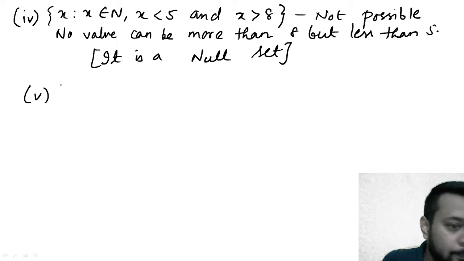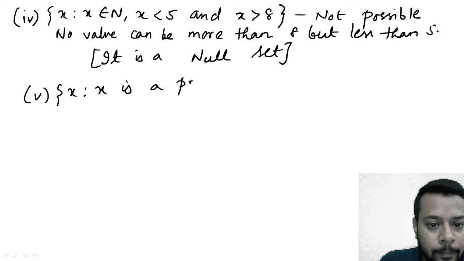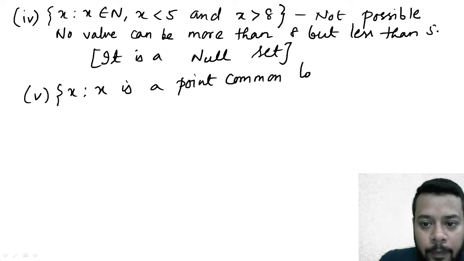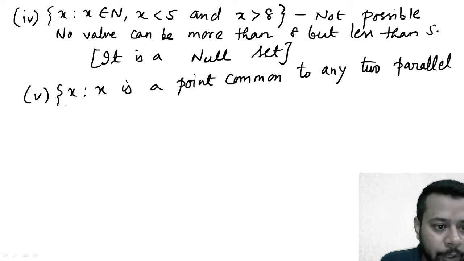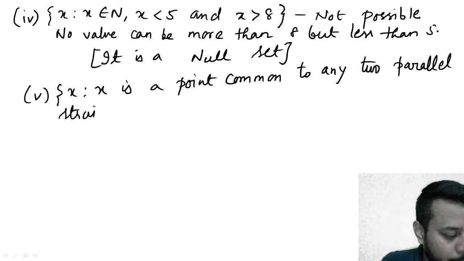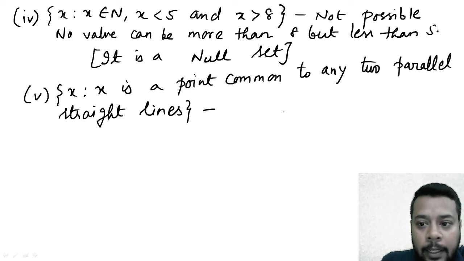Coming to the next one. X is a point common to any two parallel straight lines.